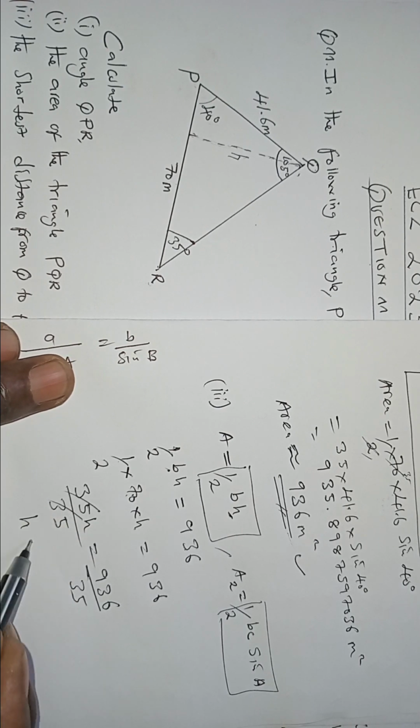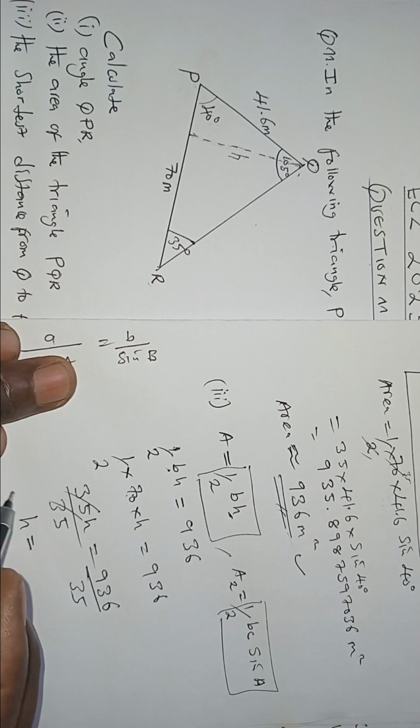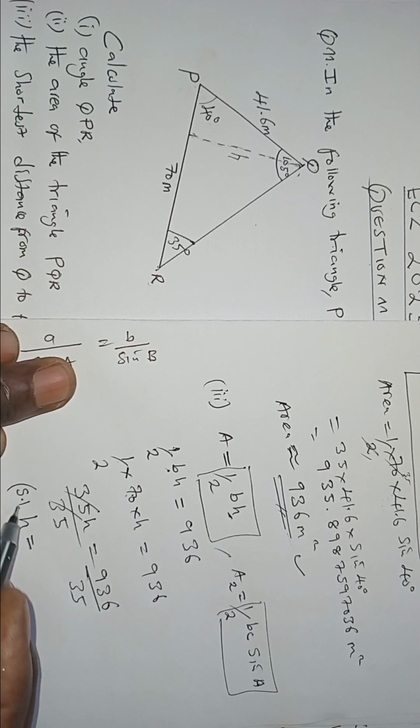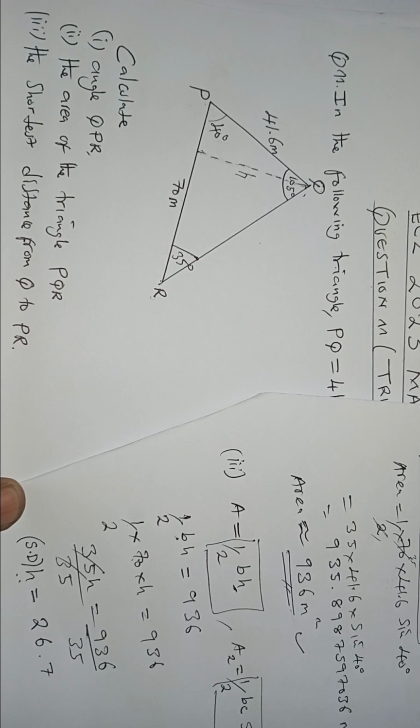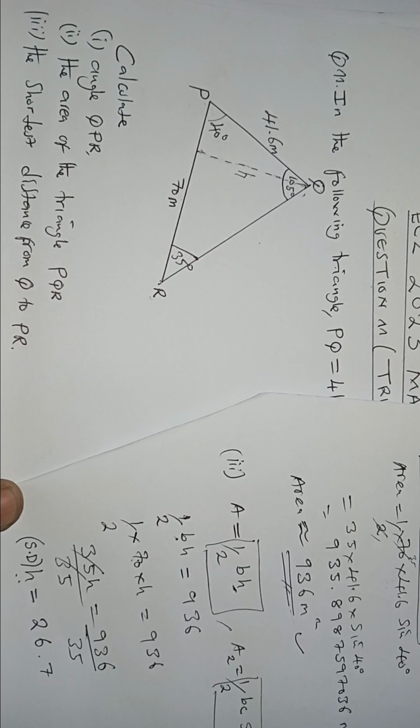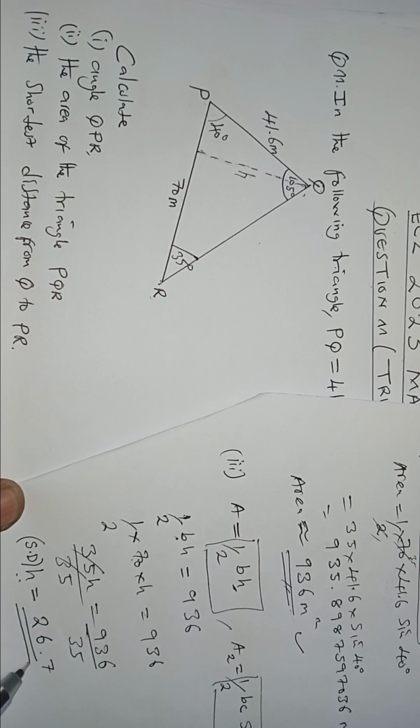This goes, our h is equal to, so h we understand is representing the shortest distance. Shortest distance h is equal to, we can check it on our calculator. Okay, so my shortest distance h is equal to 26.7, which is also going to be in meters.